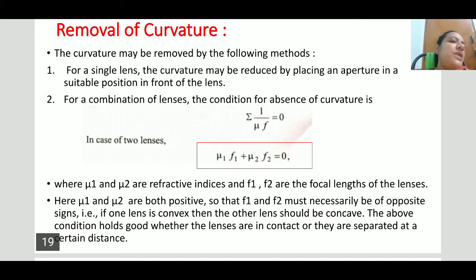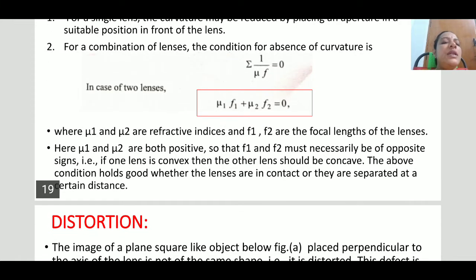In the case of a two lens system, this can be written as 1 by mu 1 f1 plus 1 by mu 2 f2 equals 0, where mu 1 and mu 2 are the refractive indices and f1 and f2 are the focal lengths of these lenses. So this is one condition.